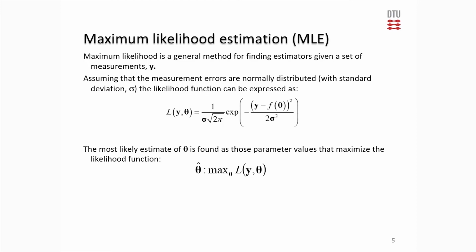At the left-hand side, the likelihood value can be found. In this case, the likelihood value represents the probability that a given θ estimate can describe the dataset y. The higher the likelihood value, the higher the probability that the proposed θ values describe the data y.